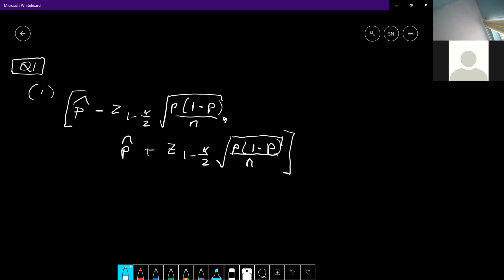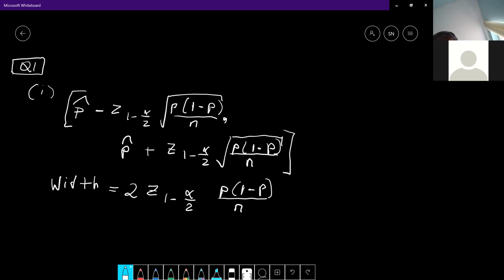All right. So part one is asking you about the width. Remember the width of the confidence interval is just the difference between the upper limit and the lower limit. So if you take the difference, the upper limit minus the lower limit, you will get 2 times z 1 minus alpha by 2 times the square root of p times 1 minus p divided by n.